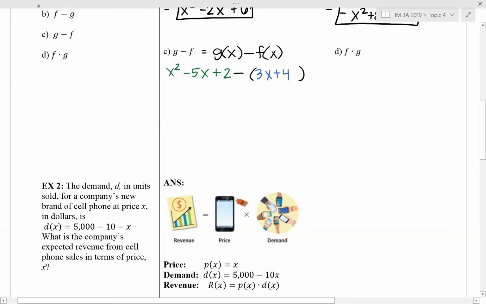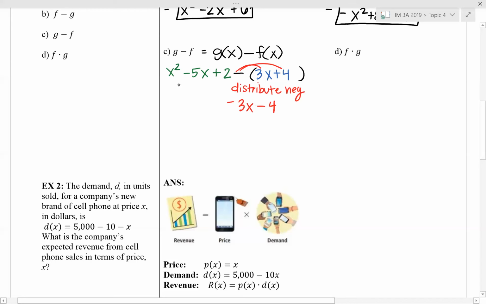Again, whenever I'm subtracting, I want to distribute the negative. I'm going to change the signs to minus 3x and minus 4 for all of f of x.